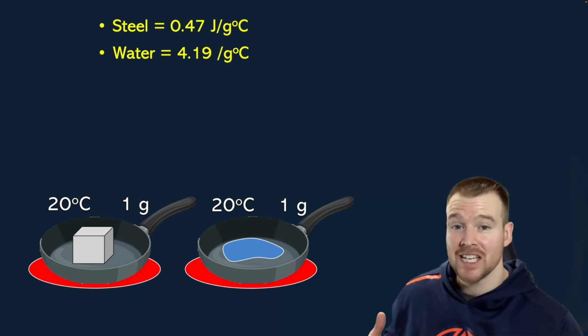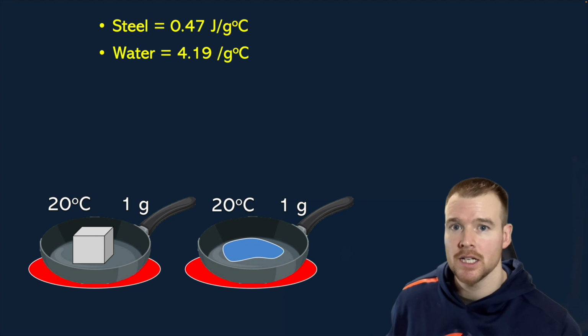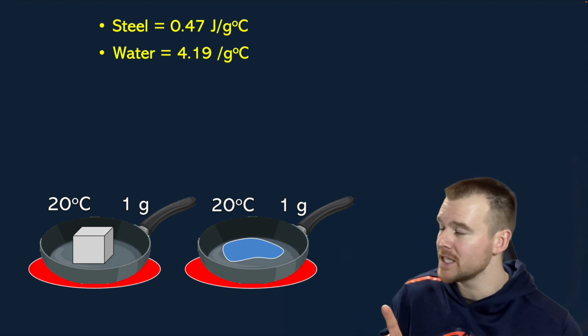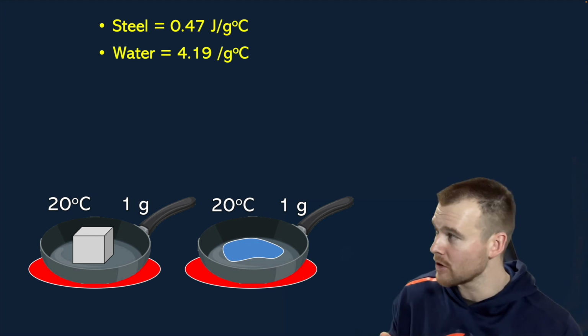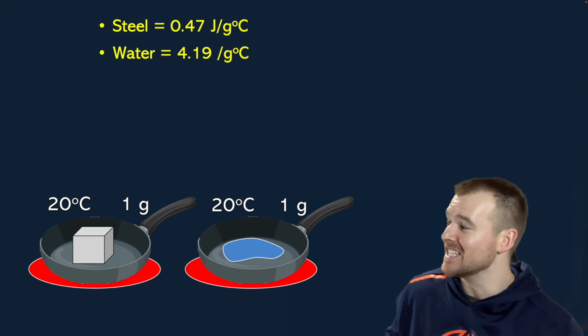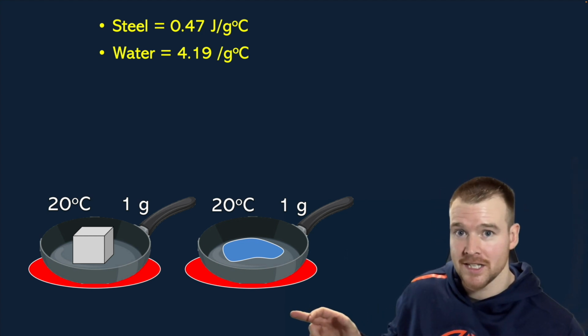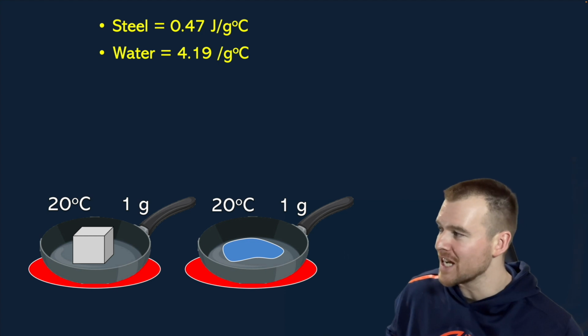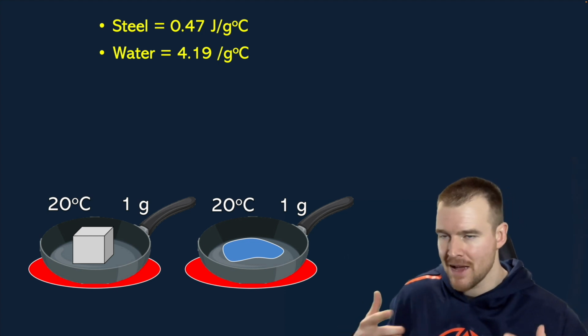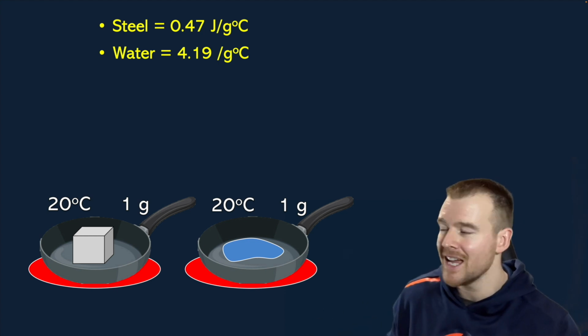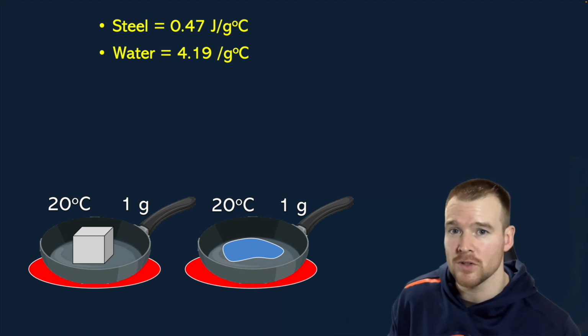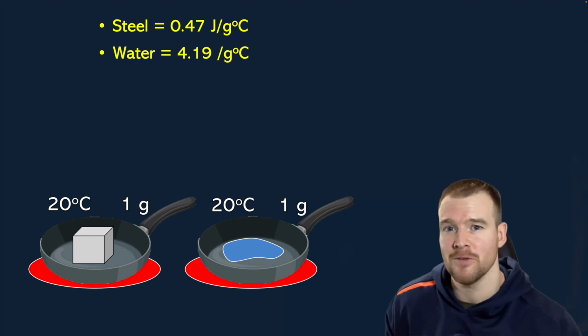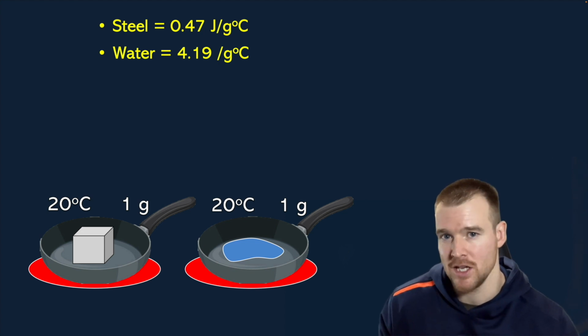Okay, so it's saying to heat both of these from 20 to 21, raise them 1 degree Celsius, and we're heating up 1 gram. It's going to take 0.47 joules to heat the steel and 4.19 joules to heat the water. So just imagine that to get them both to 21, it's going to take 0.47 joules for the steel, 4.19 for the water. Again, much more energy for the water. Okay, that's kind of what the unit means.